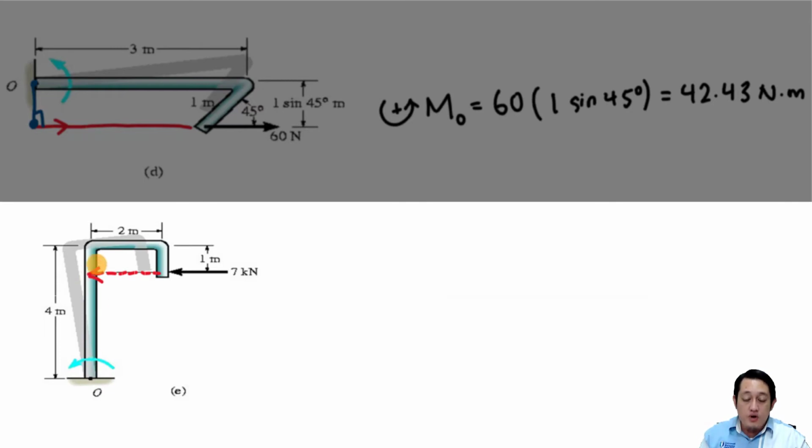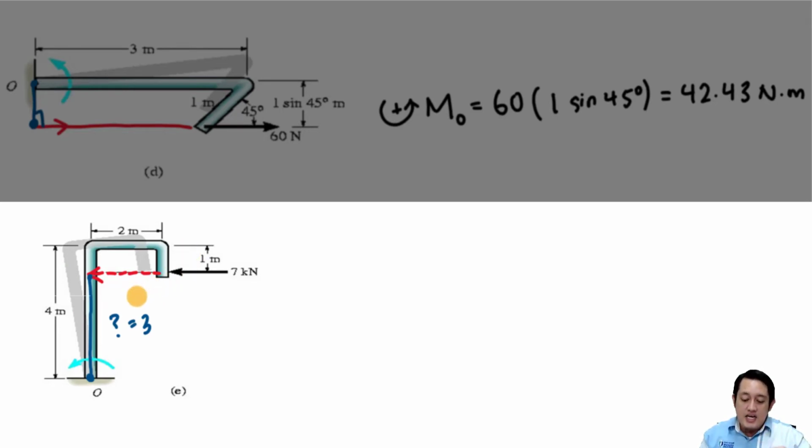As you can see clearly, the 90-degree distance is from here up until here. So what is this distance? This one is 4. From here to here is 1. So this distance is equal to 3 meter, 4 minus 1 meter. That's it.